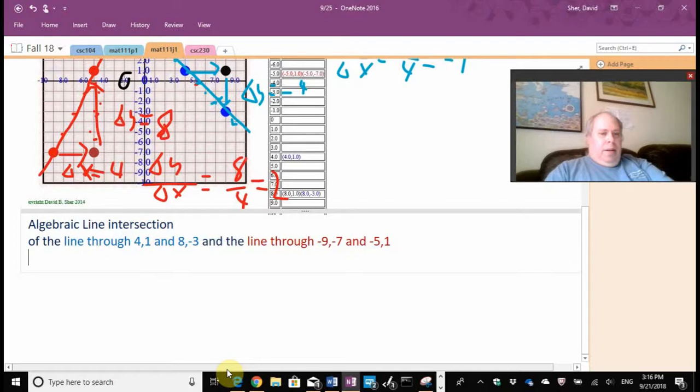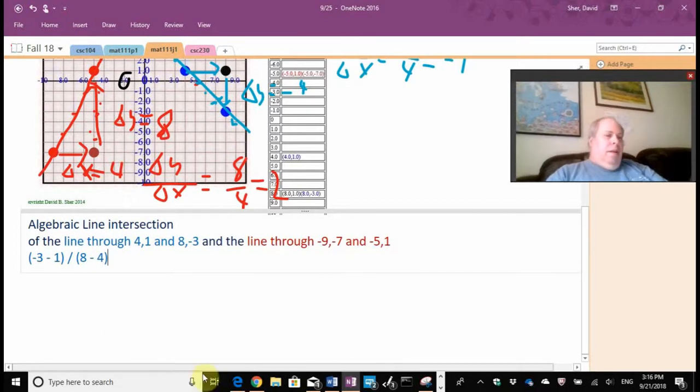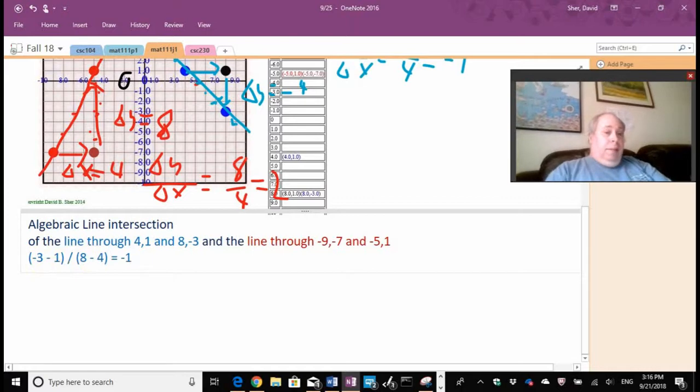So start by doing y2, -3, minus y1, 1. And we'll divide that by x2, 8, minus 4. And that's going to give us -4/4, which equals -1.